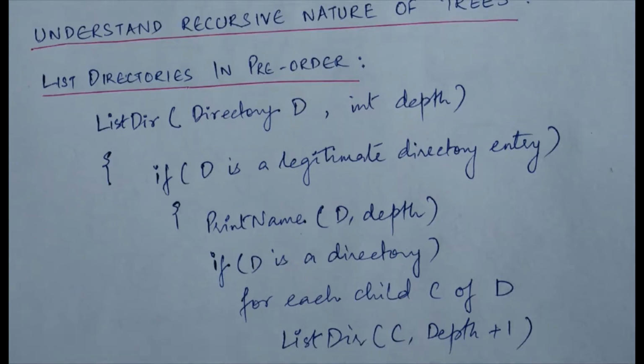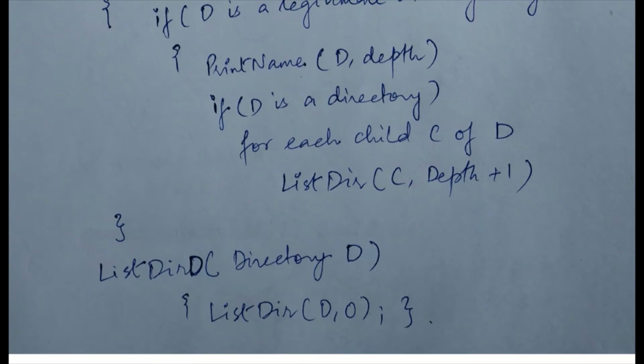So we call a function called list directory d, we pass this directory and we call another function list directory D with 0. 0 is the depth. So your first folder is at depth 0 or level 0, just like our root. It is the root folder. In many programming applications, when you move around folders you say, I am at the root.